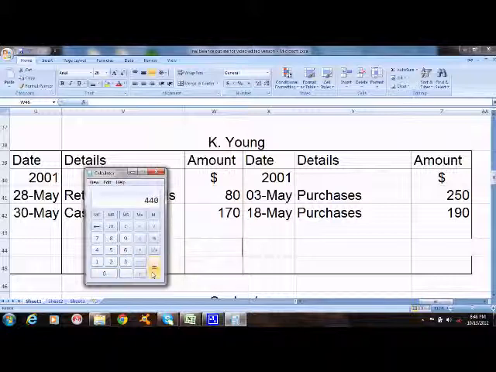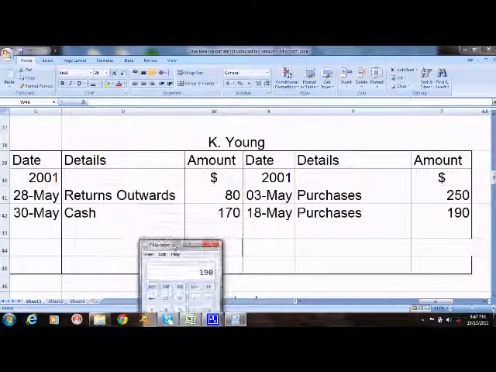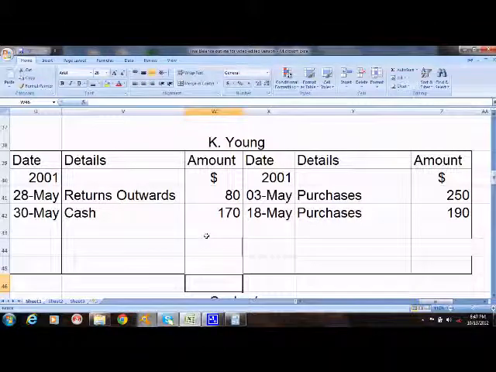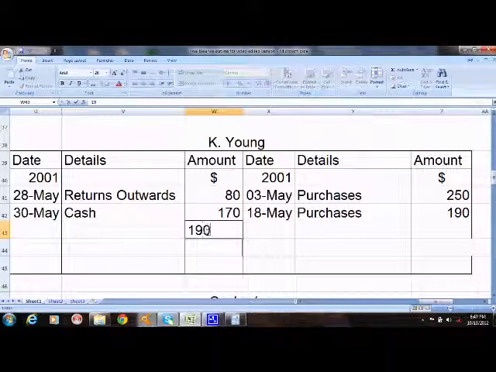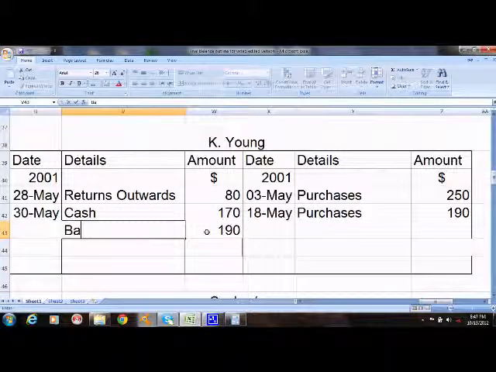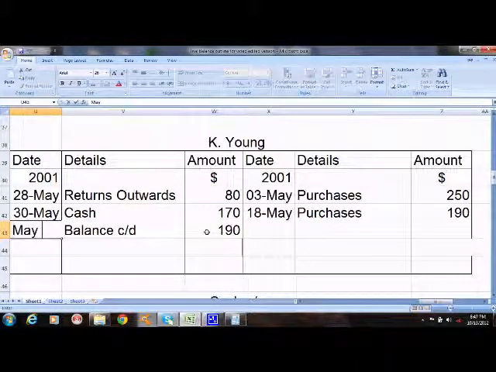So we're going to deduct the least from the greater, and the greater side, the credit side, therefore is at a credit balance. So we're going to 440 minus 250 equal to 190. So 190 would be our balance, right? So we're going to have 190 right here. Balance CD May 31.